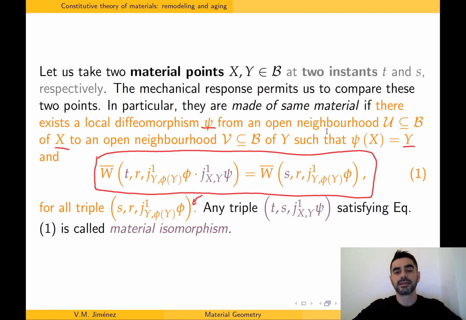So the existence of these kinds of triples permits us to say that two material points are made of the same material. These triples will be called material isomorphisms. This notion is an important part of our approach.